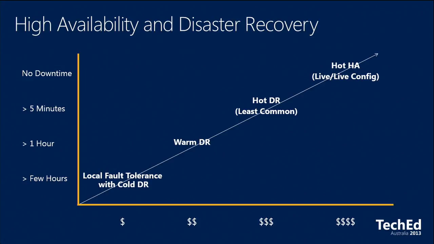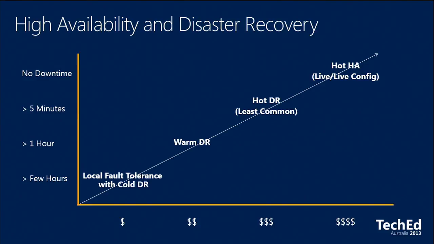And generally when we talk about high availability and disaster recovery, we frame it along this paradigm. All right? And I'm going to sort of talk around these different steps. The first one is this idea of cold DR, cold disaster recovery with local fault tolerance. And this is what you see mostly in Azure nowadays, and this is what you see for most systems nowadays, especially cloud-based systems, right?